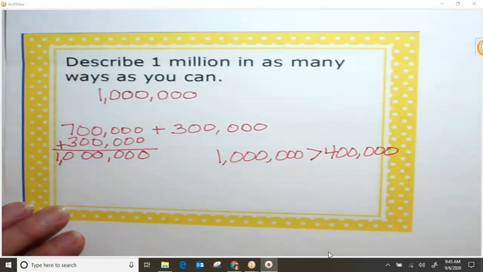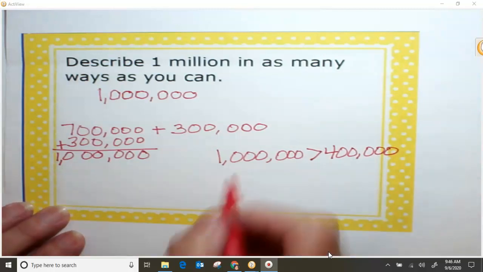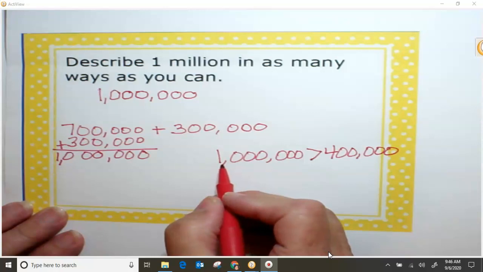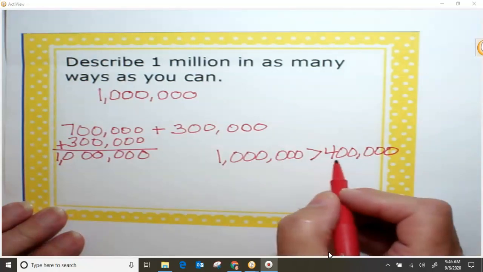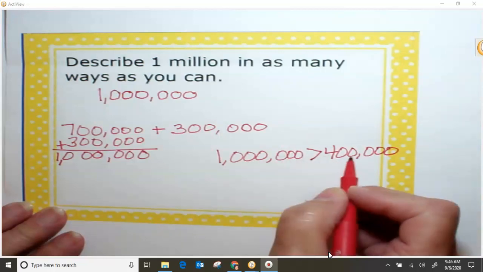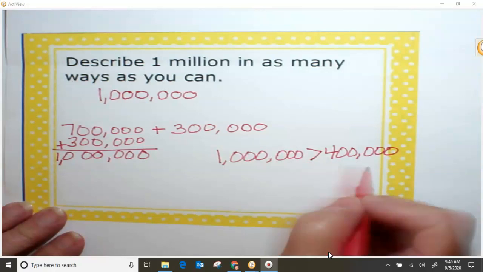Would that be true? Sure it would, because we have all the way to 1 million here, and we don't have millions over here. We only go to the 100,000s. So we can tell that 1 million is greater than 400,000.